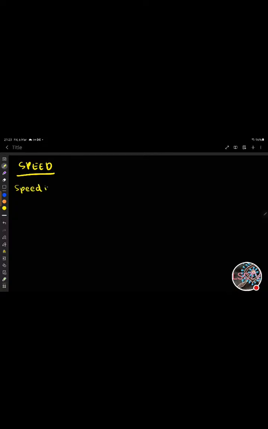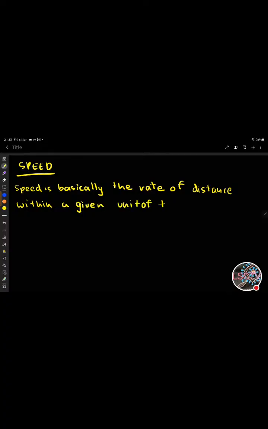Speed is basically the rate of distance within a given unit of time. I'll give you another poll now just to encourage.